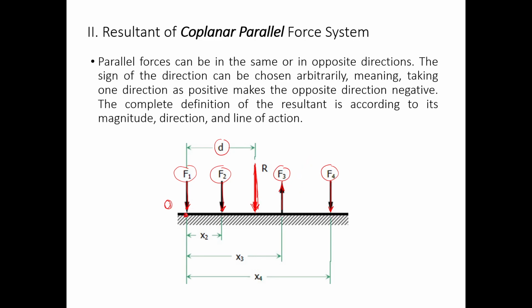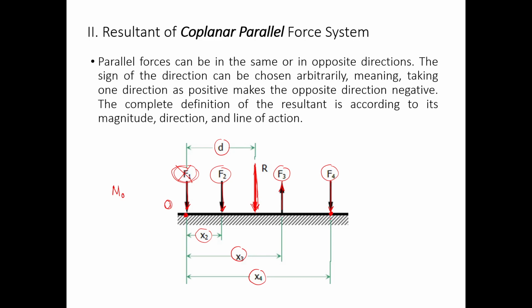If we take moment about point O, notice that we don't have any distance for force 1, but we have a distance for force 2, force 3, and force number 4. So when we take moment about O, force number 1 is being neglected. What if we take moment about point F sub 4?